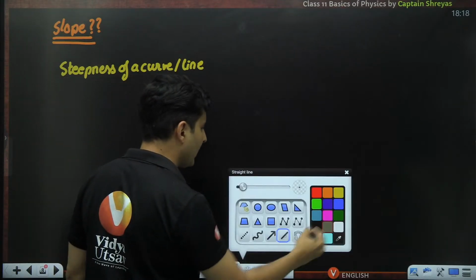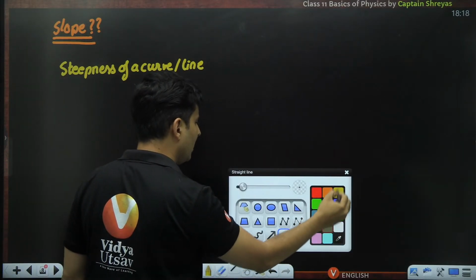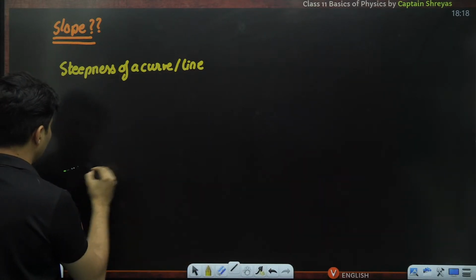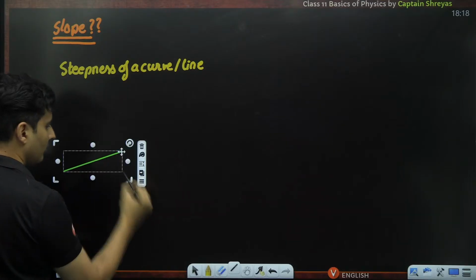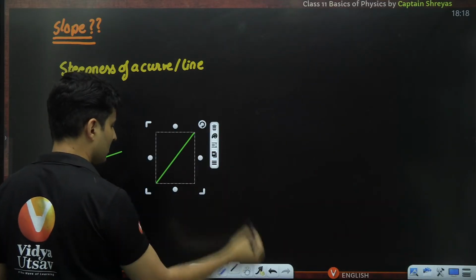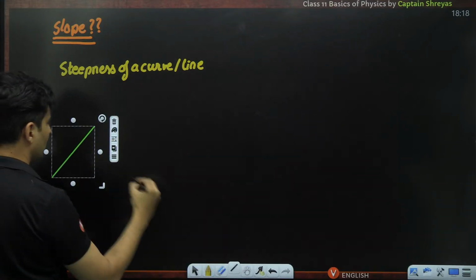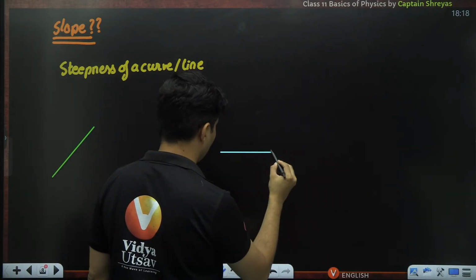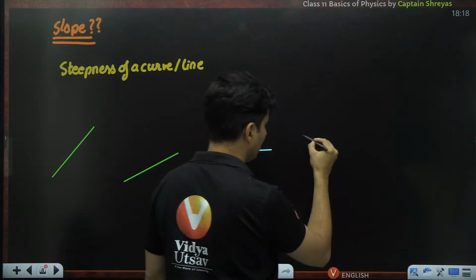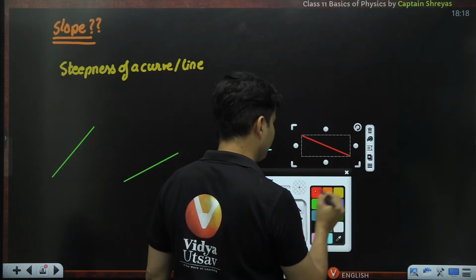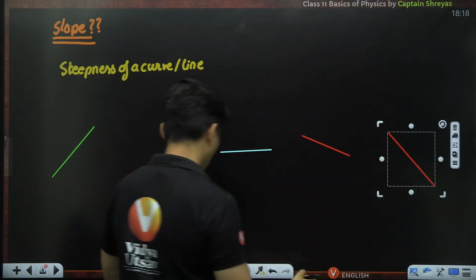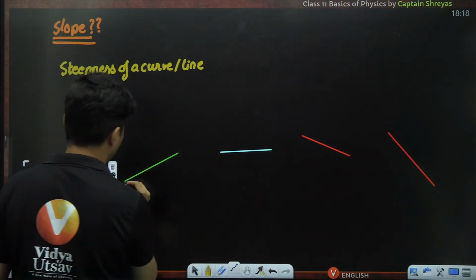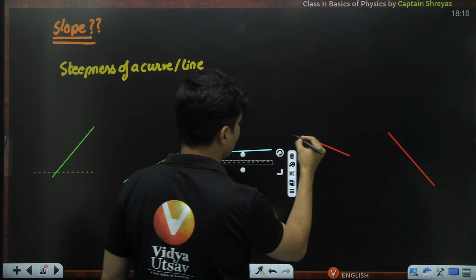Let's say I give you certain examples like this. Say, for example, this was our x-axis. It's very important.